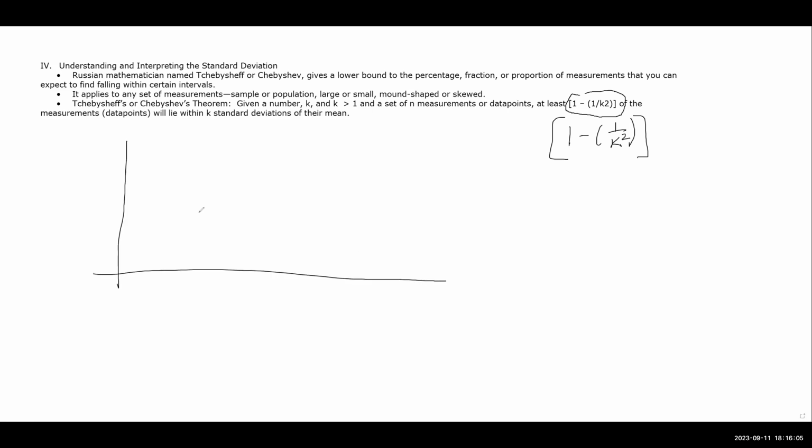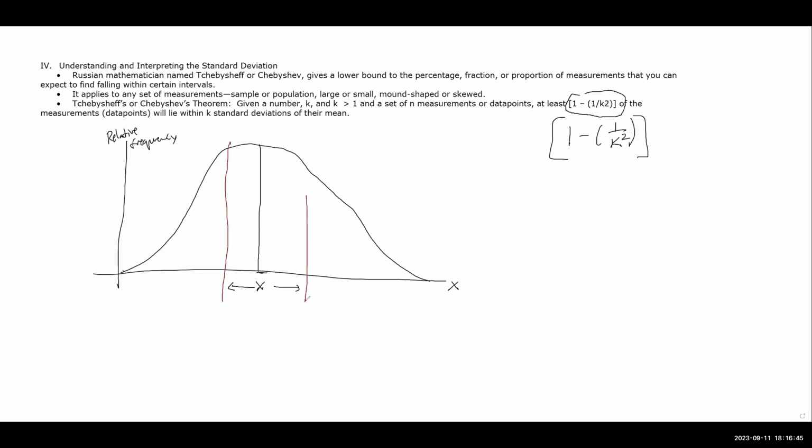Okay. So we have a distribution. Yeah, I'm going to make it smooth. Let's say we have a distribution that looks like this. And here's some variable x. And this is the relative frequency. And let's say right here somewhere, I don't know, right here, we have the mean. And let's suppose we cut the data up, equal distance from the mean. So let's say right here and right here.